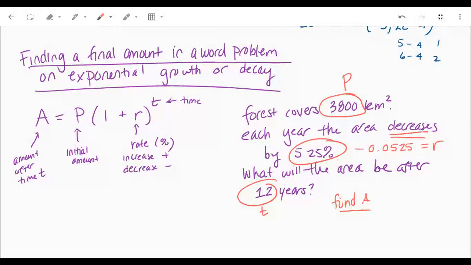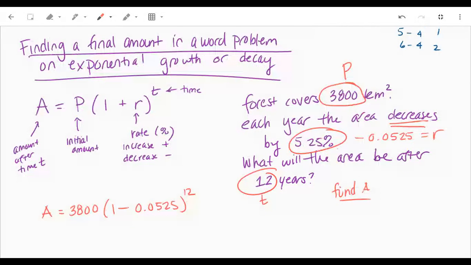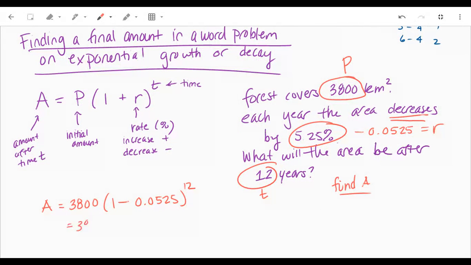So A will equal 3,800 times (1 minus 0.0525) to the 12. In that set of parentheses, we're going to have 3,800 times 0.9475 to the 12.